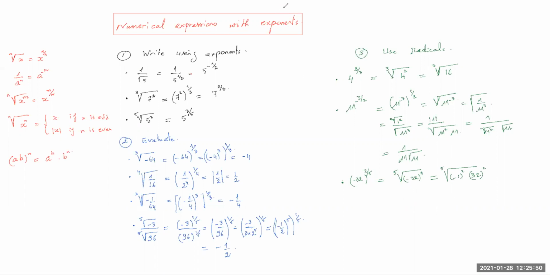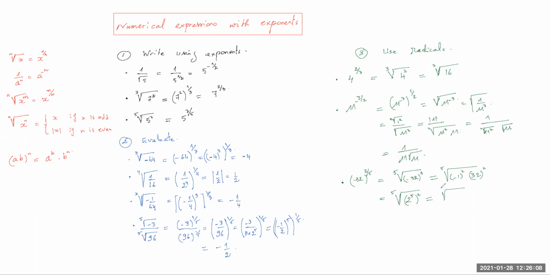Let's come back then and continue here. So we will have 1, and now 32 is 2 power 5, everything squared.